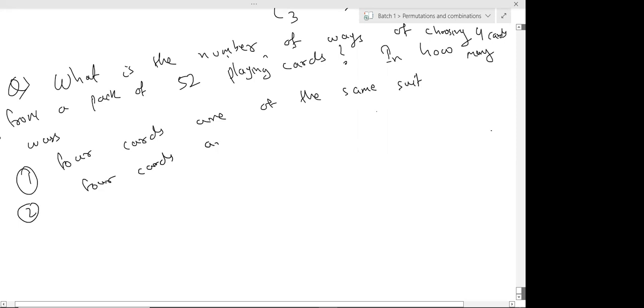Four cards belong to 4 different suits. Four cards are face cards.